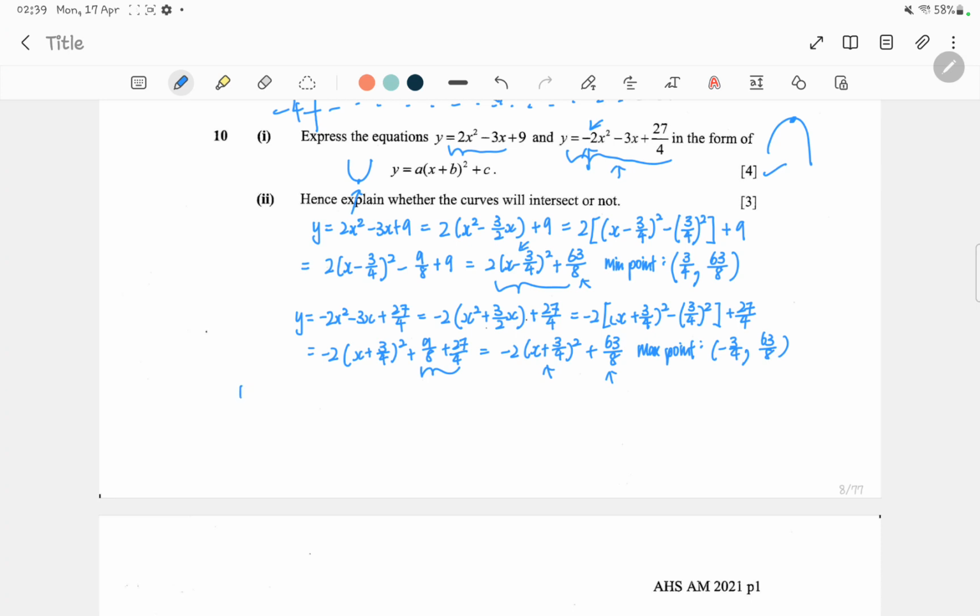For 10 part II, the question asks us to explain whether these two curves will intersect each other. Actually, they wouldn't. The curves will not intersect each other.